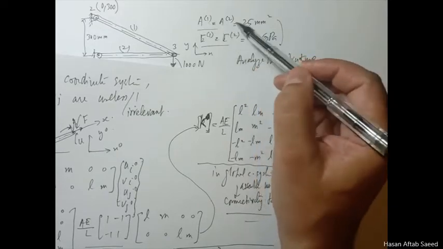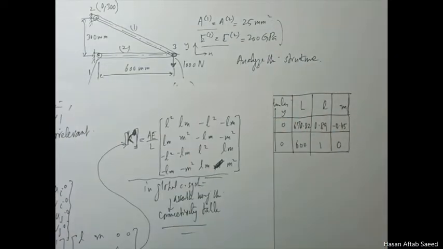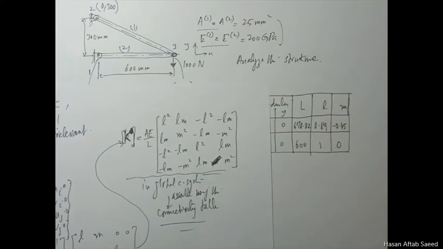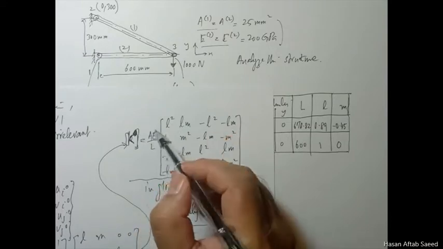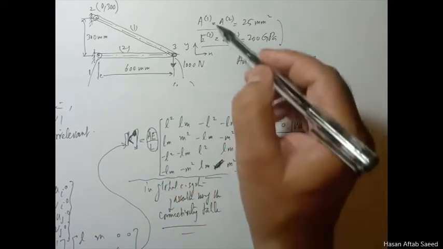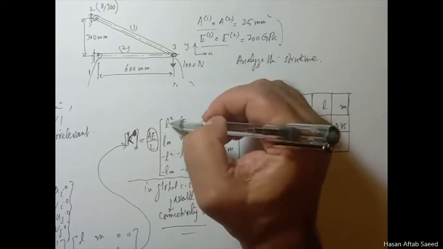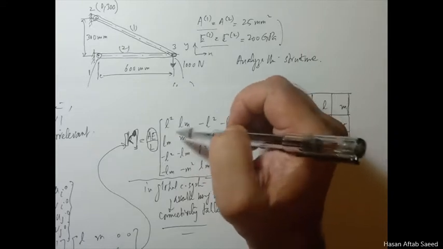In this case element 1 and 2 both have the same constants, so this part will be the same, but 1 and 2 have very different values of L and M. So this part will be different, obviously.